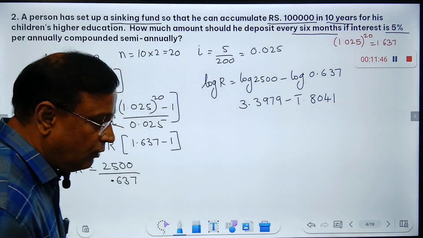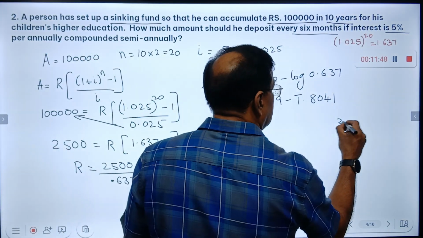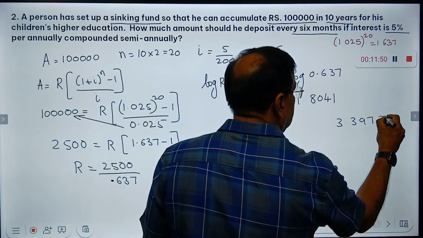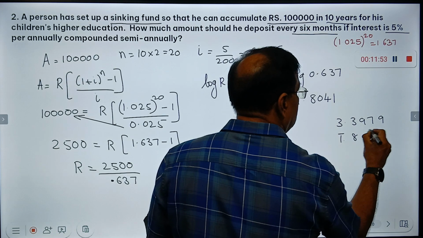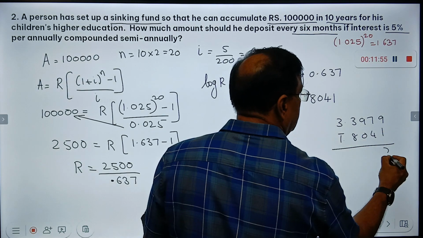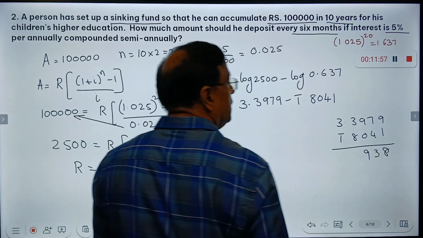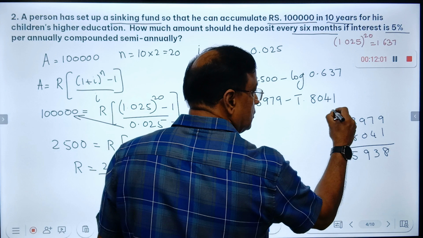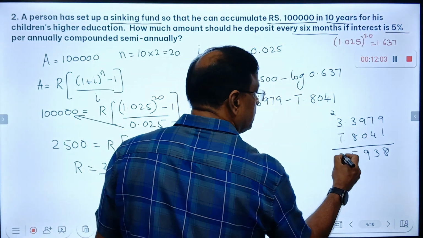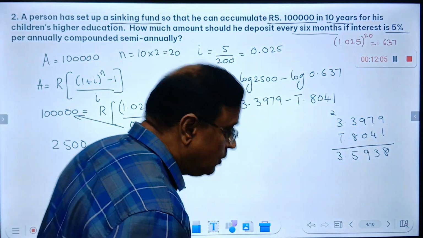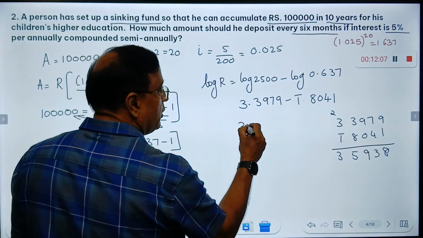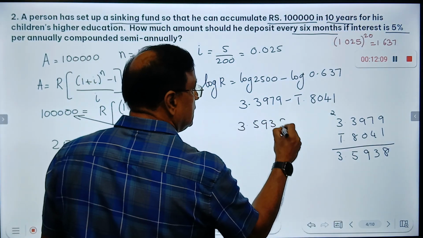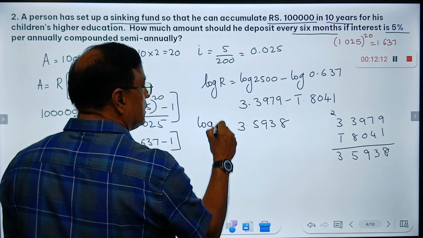Now you make the subtraction. 3.3979 minus bar 1.8041. So it is 8, 3, 9, 9, 10, 11, 12, 13, that is 5. It will be 2 here. 2 minus of minus 1 will be 3. So it becomes 3.5938. This is log R.